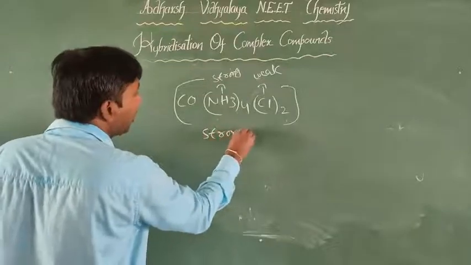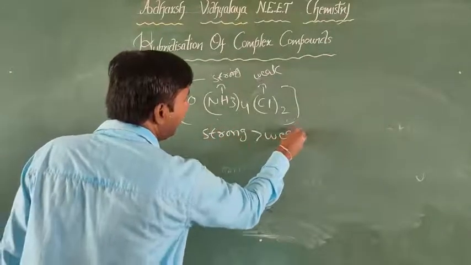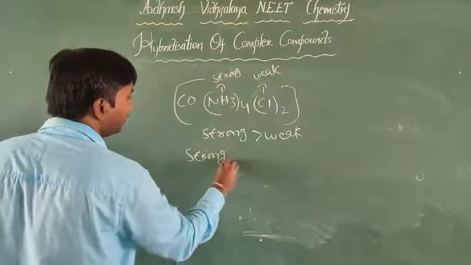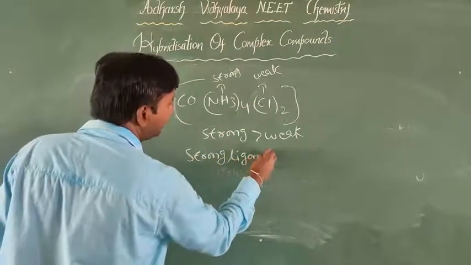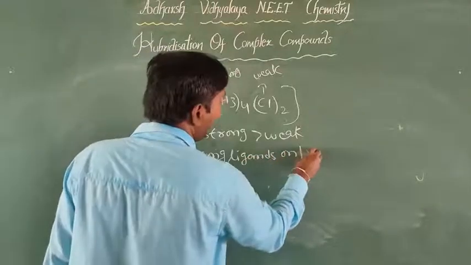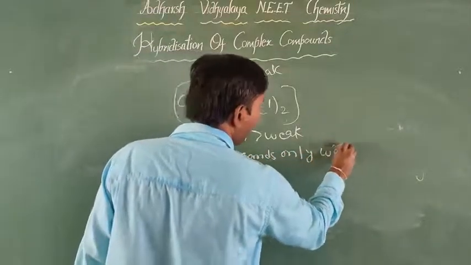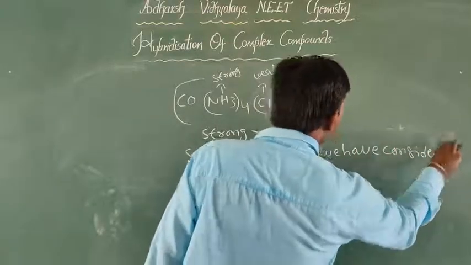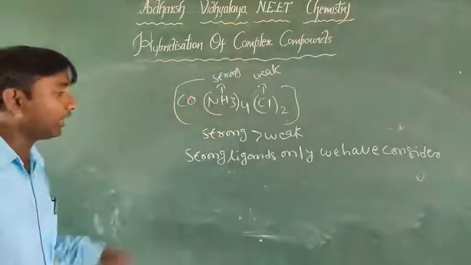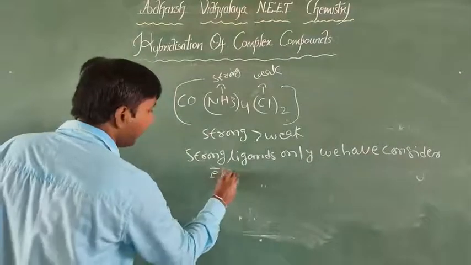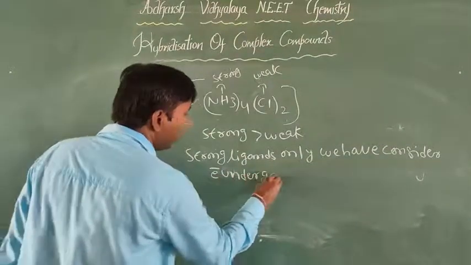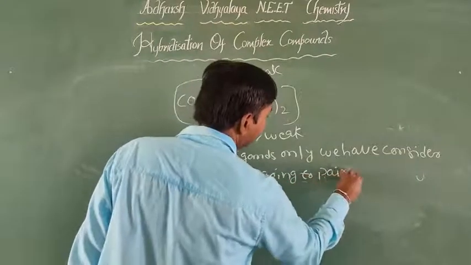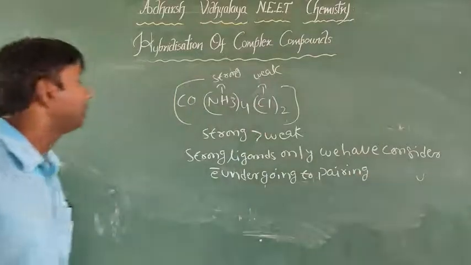So strong field is greater than weak field ligand. That's why your electrons undergo pairing.